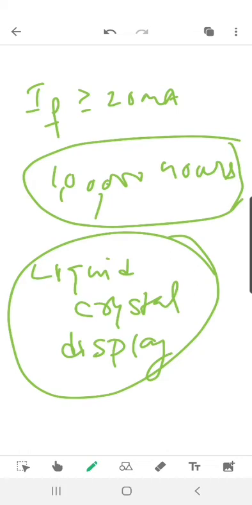Talking about applications, we have different applications. We use LED as a display device. We have LED displays in our mobile phones, TVs, laptops, and computers. It can also be used as a control transmitter, like in our remotes.